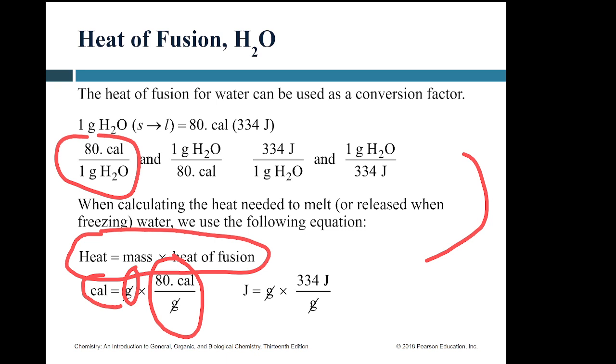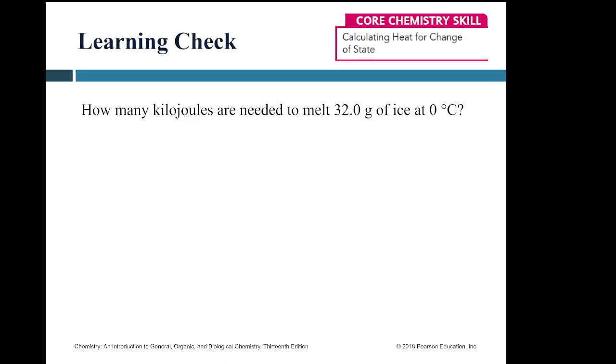All right. So, how many kilojoules are needed to melt 32.0 grams of ice at 0 degrees Celsius? What was the previous formula? Heat equals mass times heat of fusion. So we want heat, don't we?